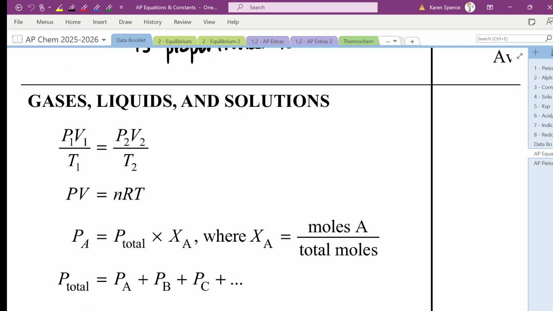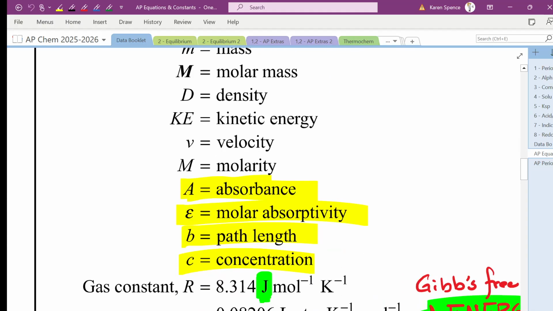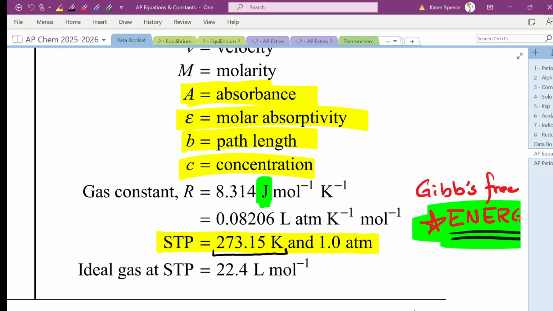I think gases are here. Probably. Yep. Okay, so they give you the temperature that is 0 degrees. Okay, so if you forget that number, it's there for you. 273.15.